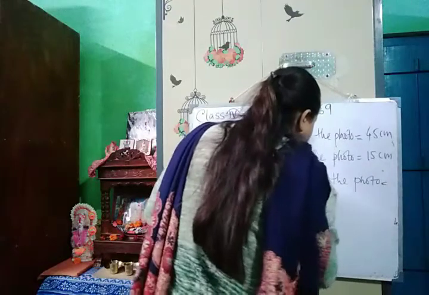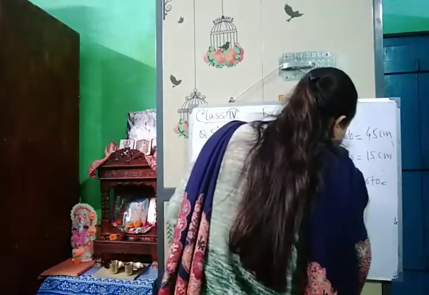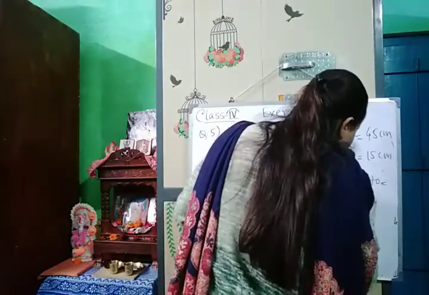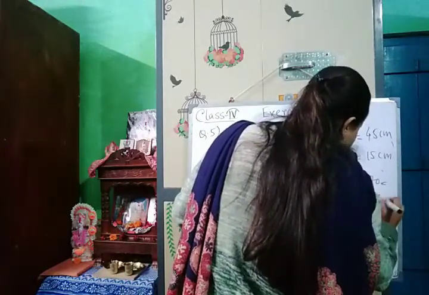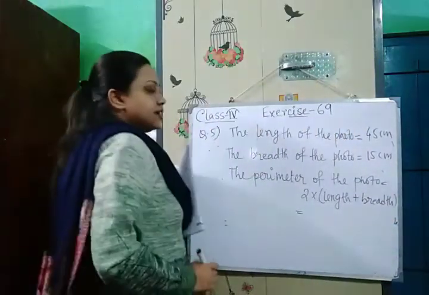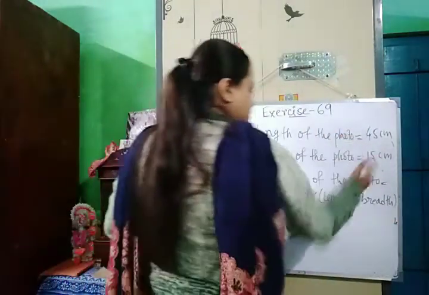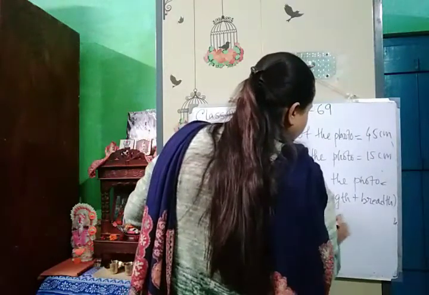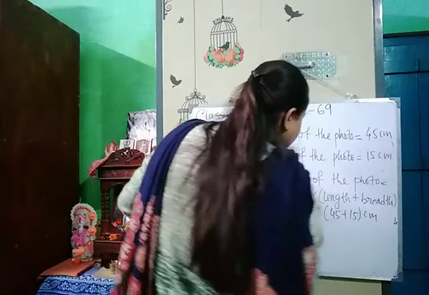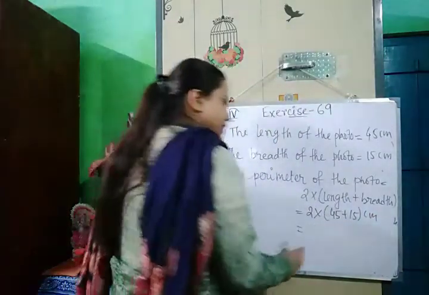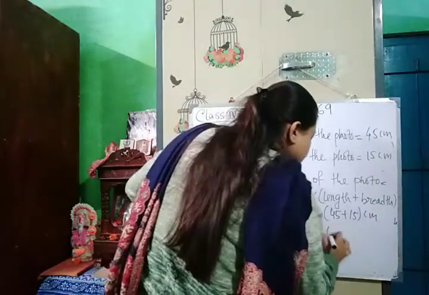equals to, you know the formula, how to find out the perimeter of a rectangle, 2 into length plus breadth. So here length is 45 and breadth is 15. So here it will be 2 into 45 plus 15 centimeter. So 45 plus 15 is 60. 2 into 60 centimeter.